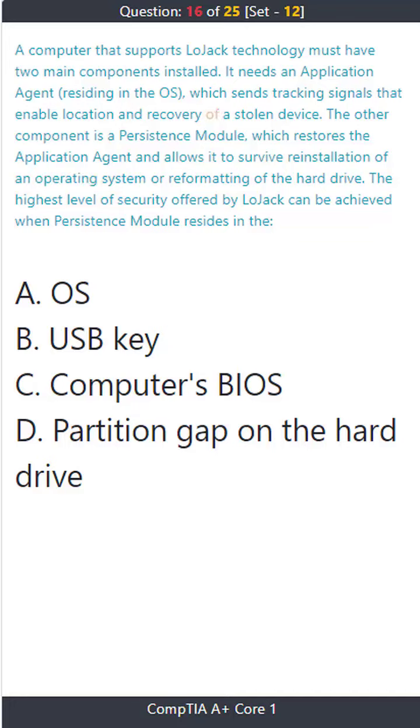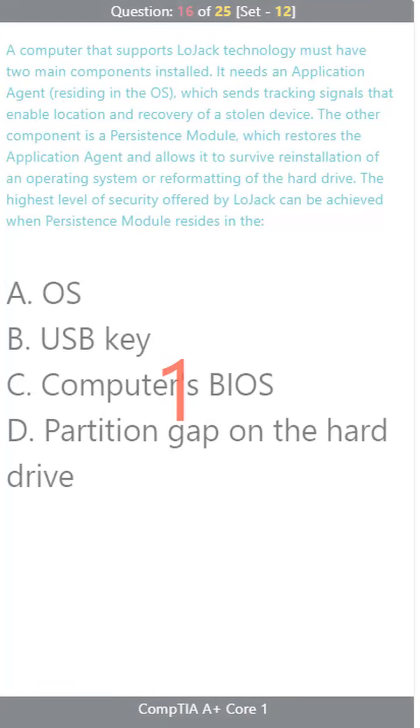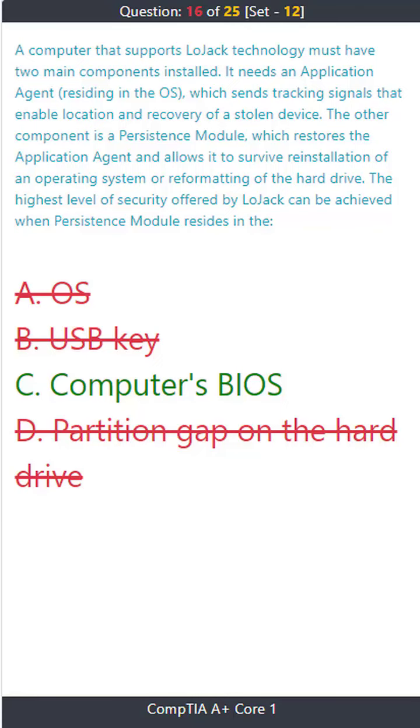The highest level of security offered by LoJack can be achieved when the persistence module resides in A. the OS, B. USB key, C. computer's BIOS, D. partition gap on the hard drive. The correct answer is C. computer's BIOS.